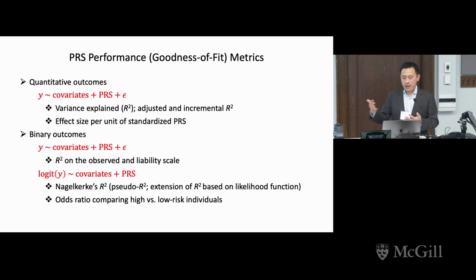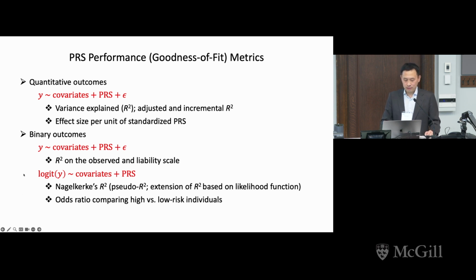You're comparing the PRS to the disease risk, not whether someone happens to have the disorder or not. So that is a little bit tricky. There is a very naive approach where people just treat the disease status as a quantitative value and do the regression as if this is a linear regression. This is a naive and lazy way. Sometimes it doesn't give you a result that is too off, but we don't really recommend doing that.